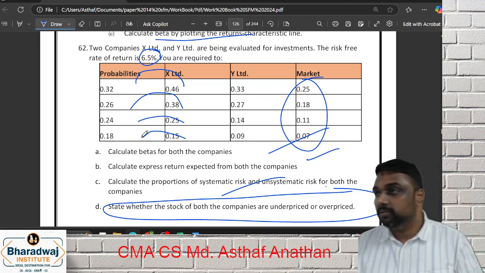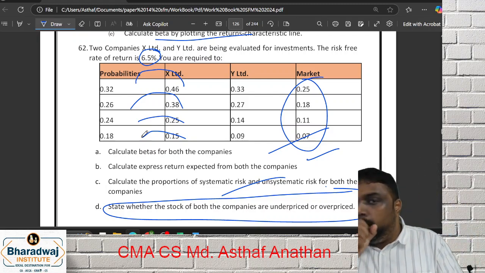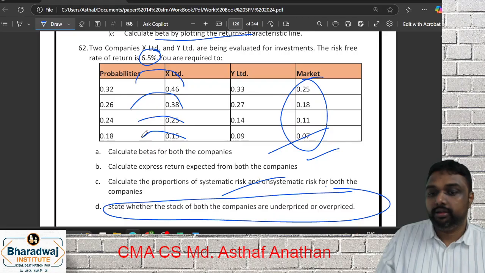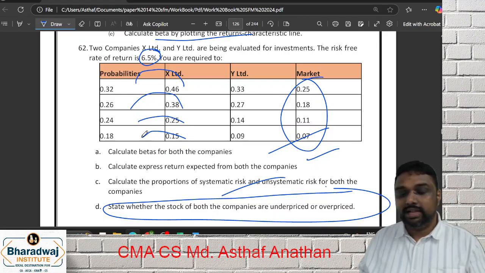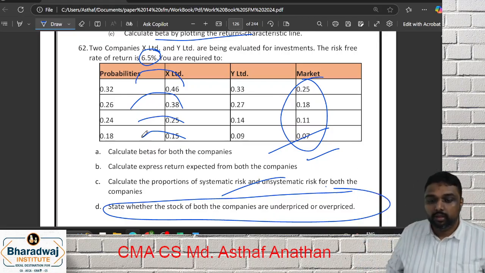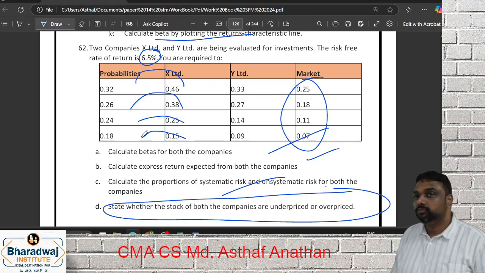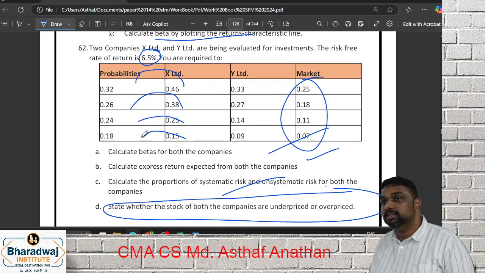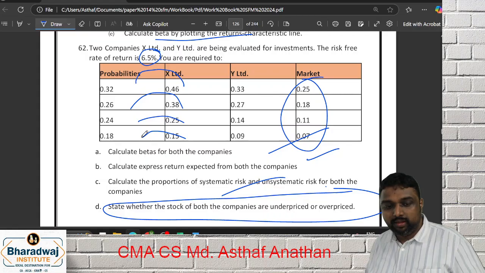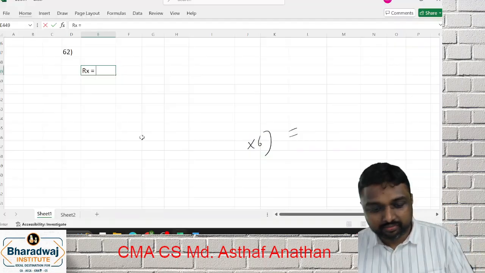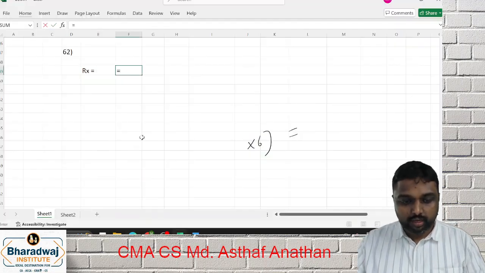What will you get, friends? Already you have the answer now. 62. Can anyone tell me? I just want to tell the final analysis. What is the answer? What happened here?